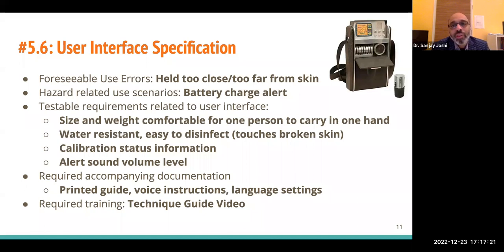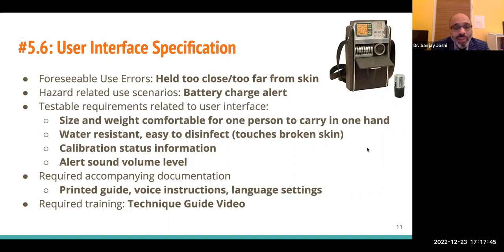Yes, I know it's not going to touch the skin. It's supposed to hover a little above the skin. But what if the patient sneezes or you fall down, and now there is blood on the mobile part of this device, and that gets contaminated. You need the ability to disinfect it easily.